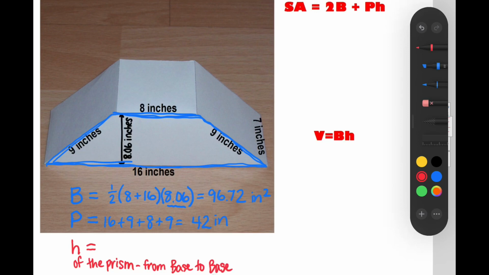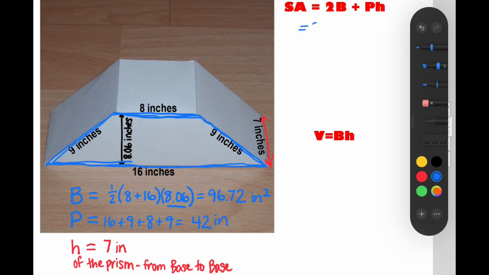How far is it from trapezoid to trapezoid on this? That's what the 7 inches is. And the reason this one's tricky is because this is laying down on its back. If it sat up on those trapezoid bases, the 7 would be top to bottom. But if you think of it from base to base, that 7 inches is going to be the height of our prism. If you can figure out those, the rest of it's so simple.